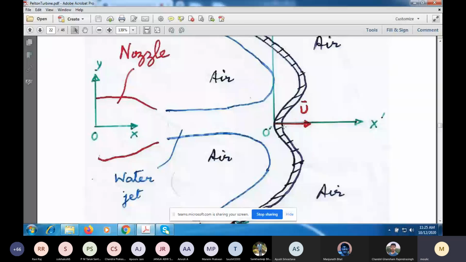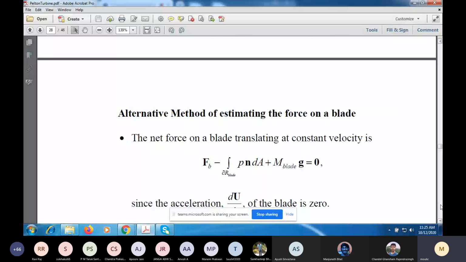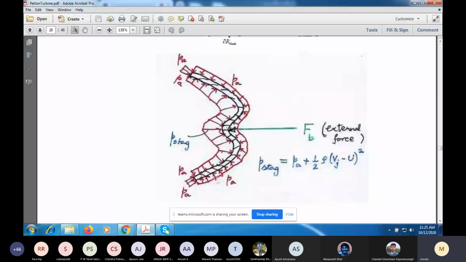So you can see rather easily that the pressure at this point on the splitter of the ridge is more than the atmospheric pressure by this amount, half rho times (Vj minus U) whole squared. So this is the maximum pressure, and pressure at other points will be less.